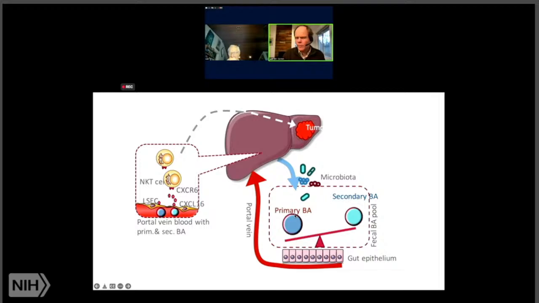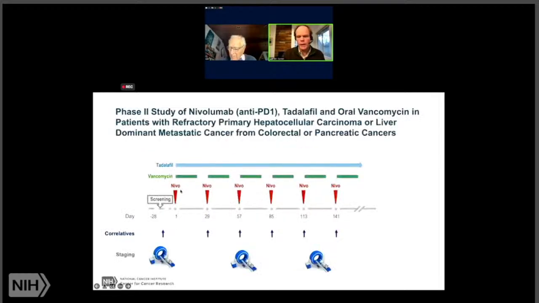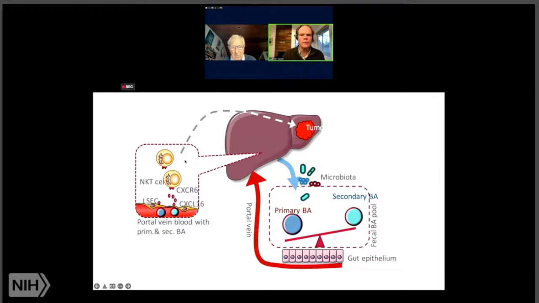And this balance of primary to secondary bile acid can control the release of a chemokine by liver sinusoidal endothelial cells in the liver. These bile acids go through the portal vein into the liver, inducing expression of CXCL16, which leads to the accumulation of CXCR6 positive NKT cells, and these NKT cells can control tumor growth.